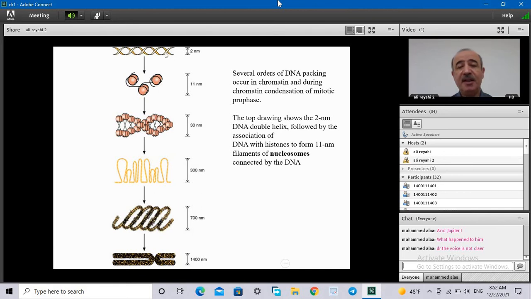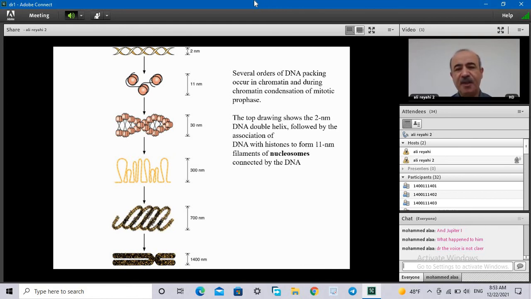You can compare the DNA strand, which has only 2 nanometers in diameter, to the chromosome. The chromosome has a thickness of about 1400 nanometers. Several orders of DNA packing occur in chromatin and during chromatin condensation.